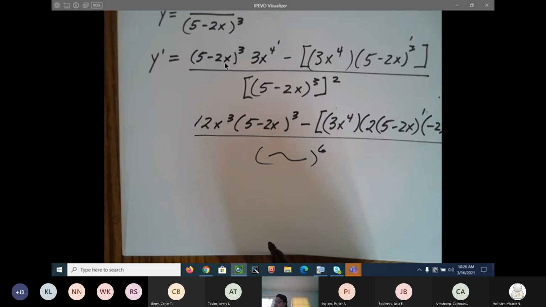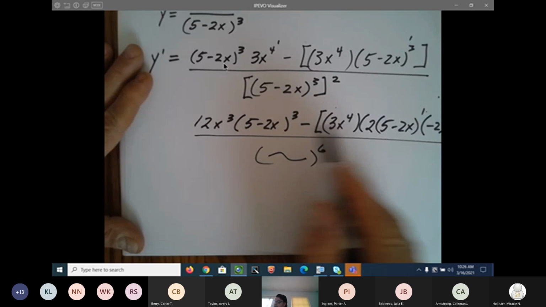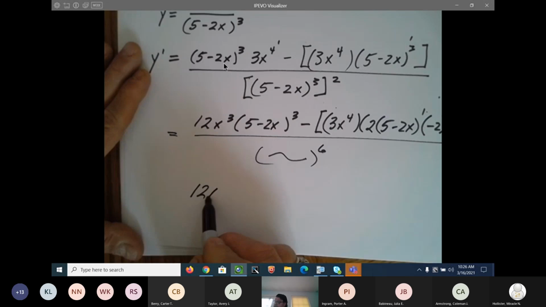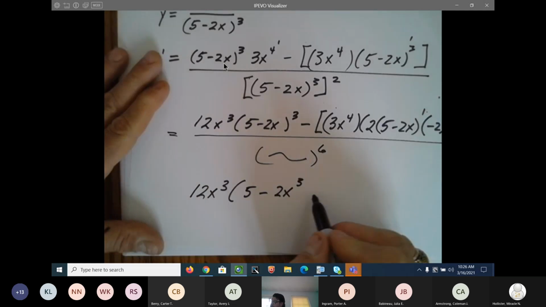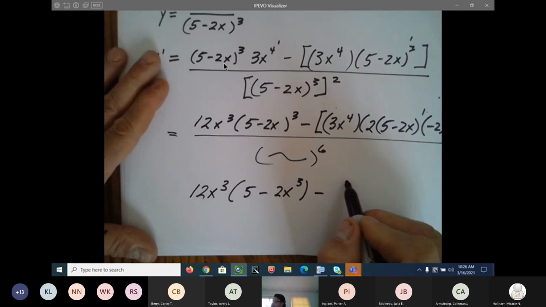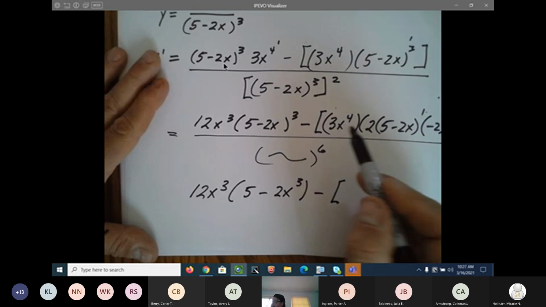Now this right here, really can't do anything with that right yet. This right here we can do something with. So that's going to be 12x cubed times 5 minus 2x to the third minus brackets. That -2 times that +2 is a -4. -4 times 3 is -12. 12x to the fourth.